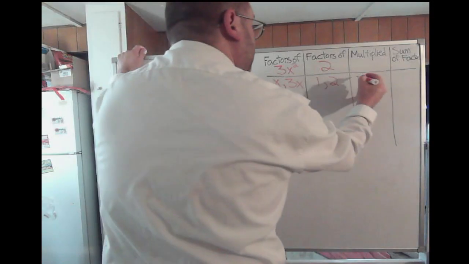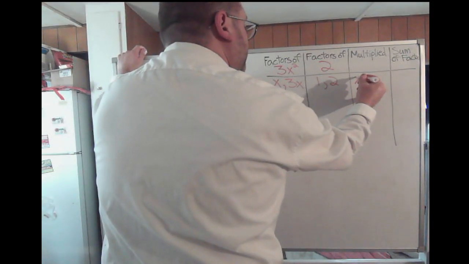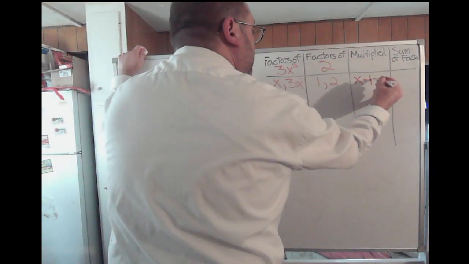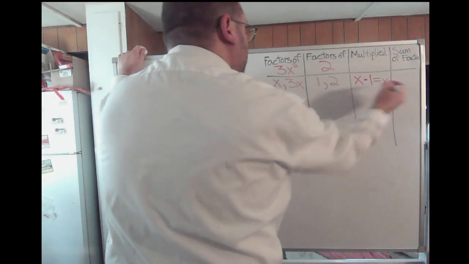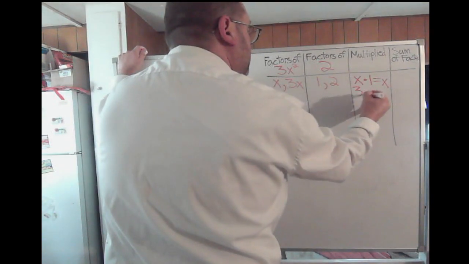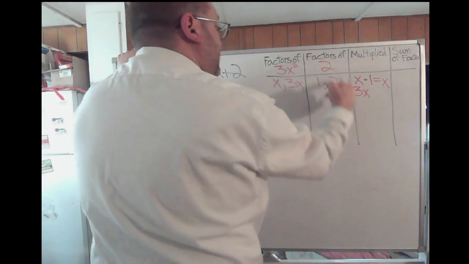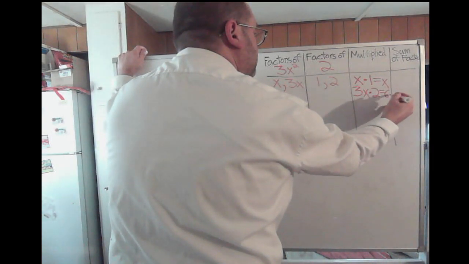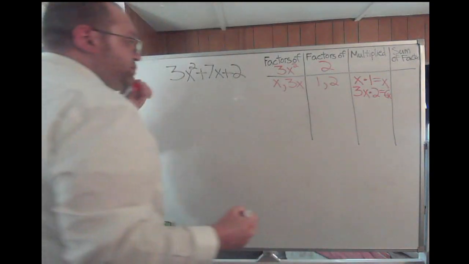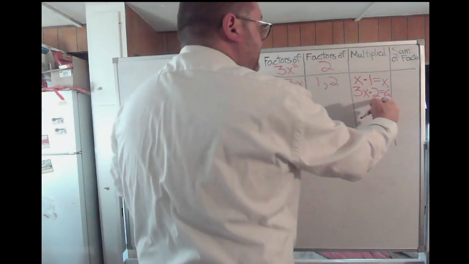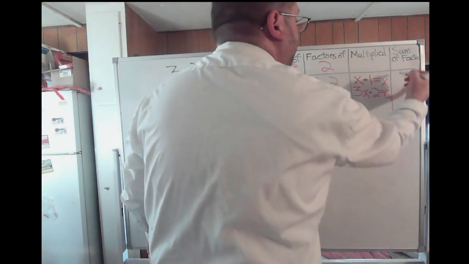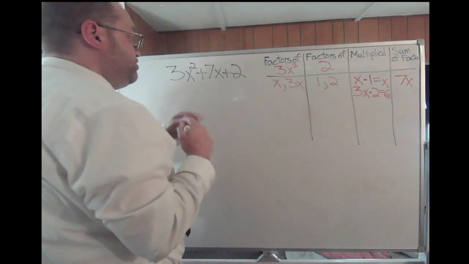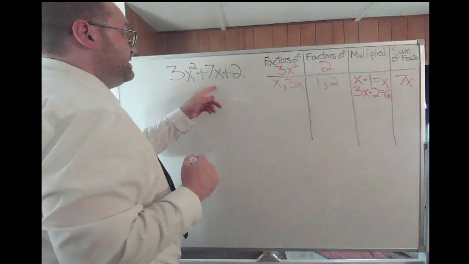If we take the first factor of 3x squared, x, and multiply that by 1, you get x. If you take that 3x, multiply it by the other factor of 2, which is 2, you get 6x. Now if you add x and 6x, you get the sum of factors being 7x. Which is exactly what you need your middle term to be.